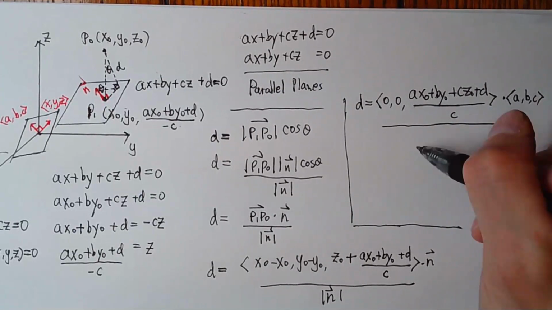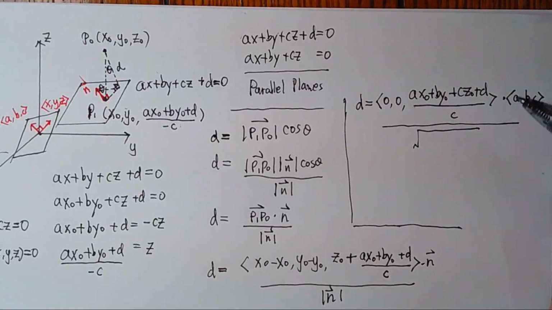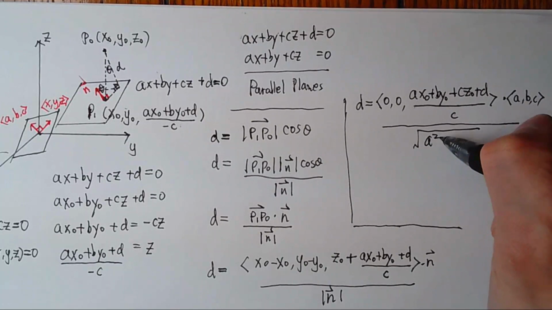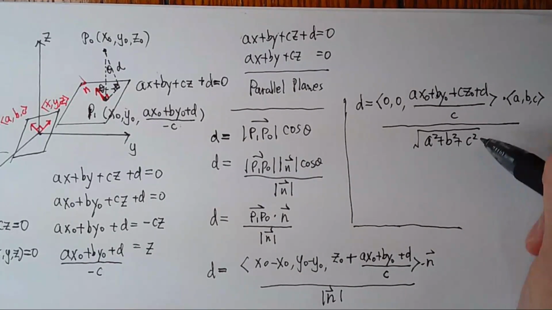The magnitude of the normal vector would be just the square root of the sum of the squares of the components. So it would be a squared plus b squared plus c squared.